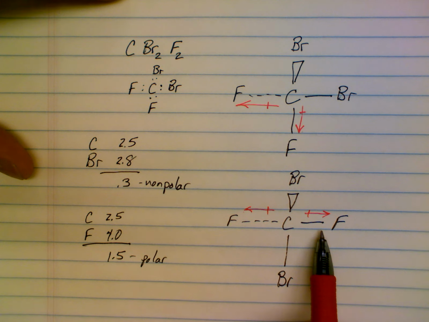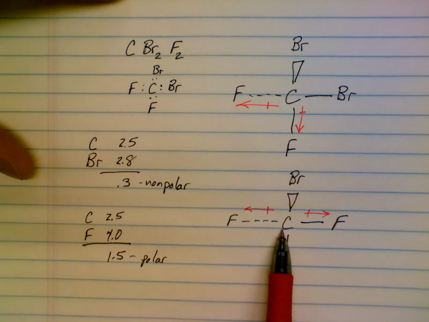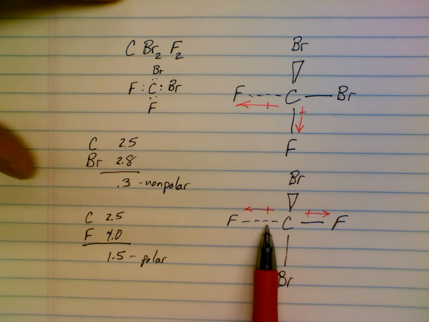Well, that isn't true, because you have to keep in mind that this bond right here is actually falling below the plane of the paper. So in reality, there's still going to be a 109.5 degree angle between those two bonds. It's not going to be 180 degrees as it appears on the paper here. So you have to keep that in mind when you're working with these three-dimensional objects.